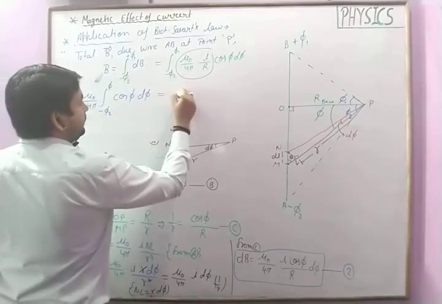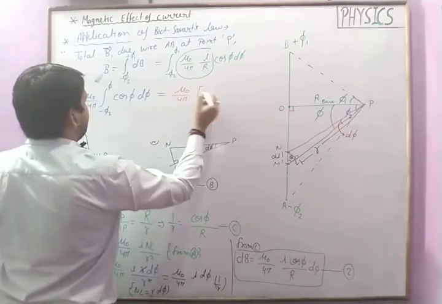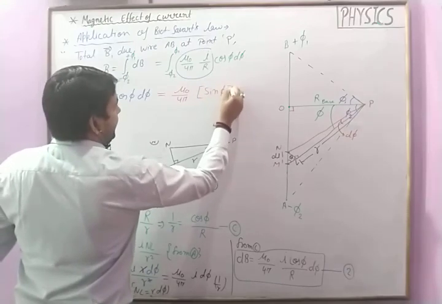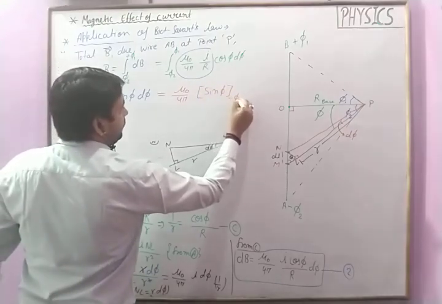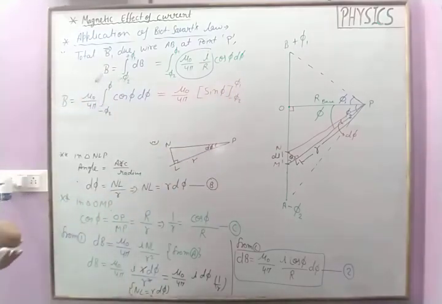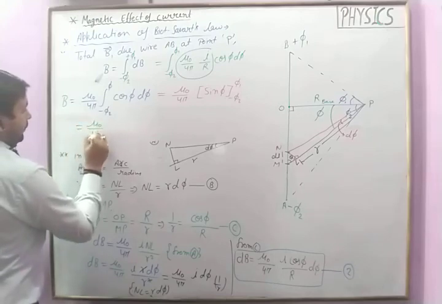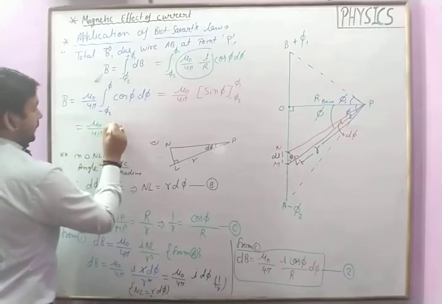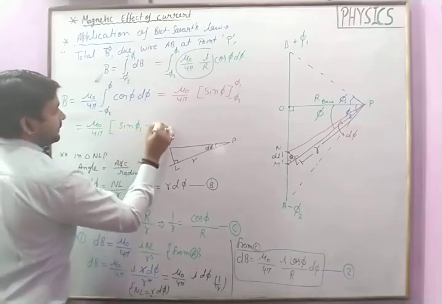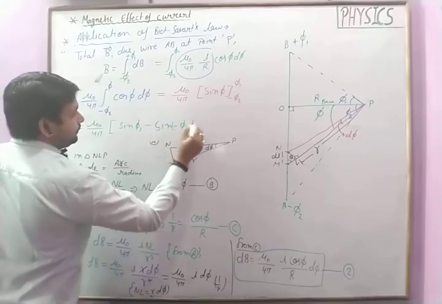Okay, this integration gives the result sin phi from -φ2 to φ1. On putting this value, we get mu naught I upon 4 pi r, sin φ1 minus sin minus φ2.